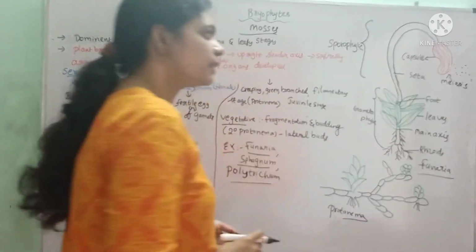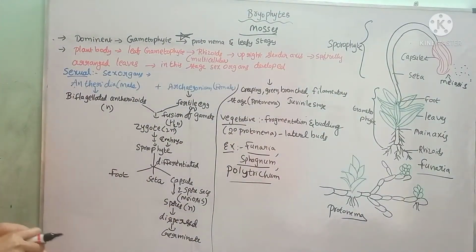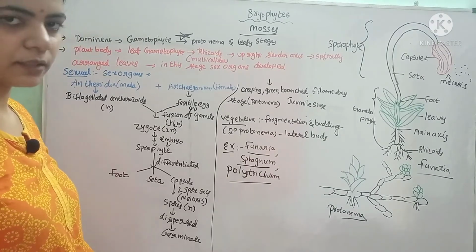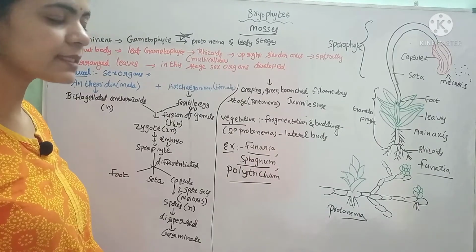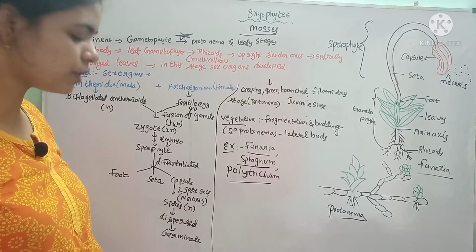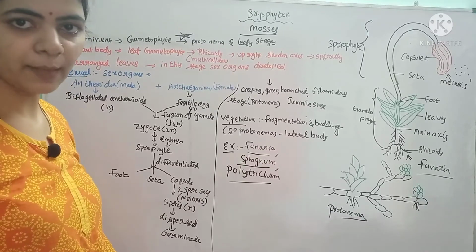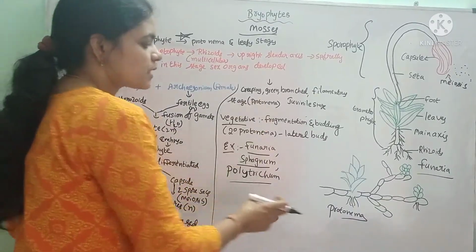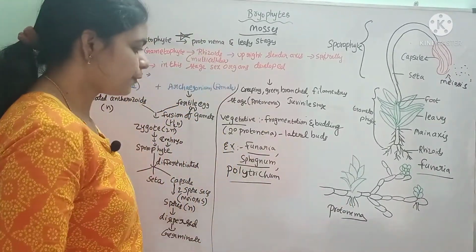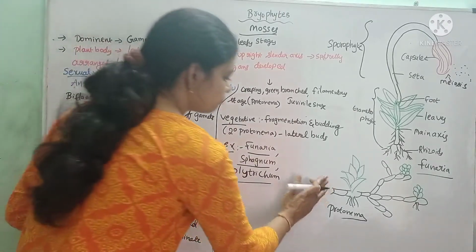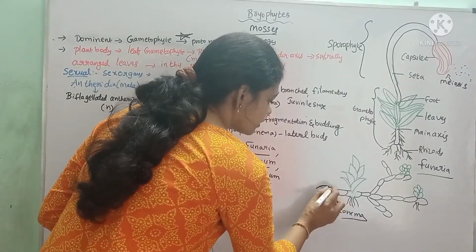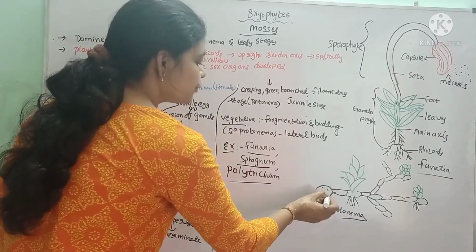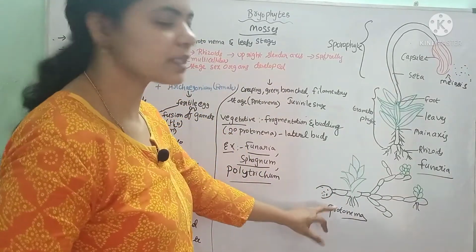These spores are disseminated by air, and when they fall on a suitable substrate, they start germinating. But unlike in liverworts, the spores will not immediately germinate into the gametophyte. Instead, in mosses, there is a stage called the protonema stage. This is the spore. The spore develops into a juvenile stage called the protonema.